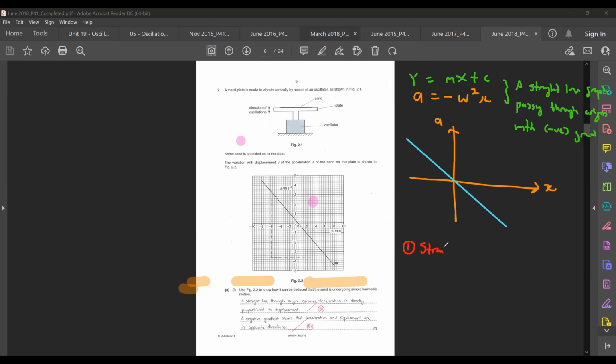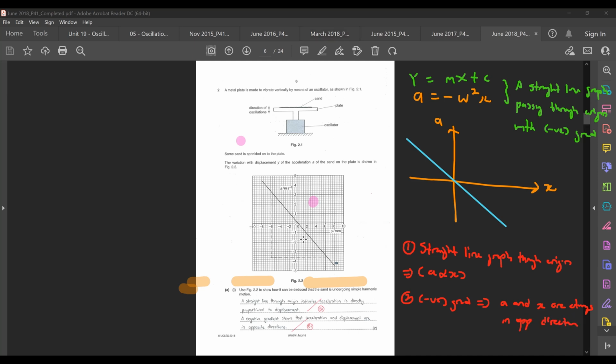If it's a straight line graph through origin, this means a is proportional to x. If it has negative gradient, this means a and x are always in opposite direction.